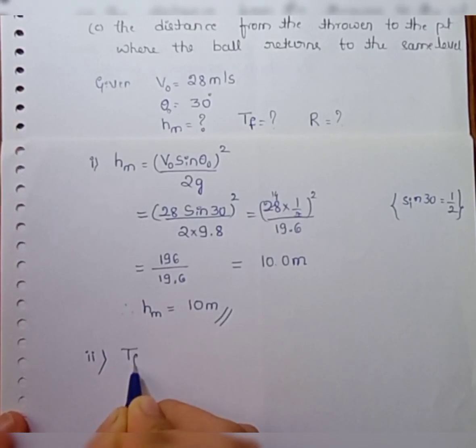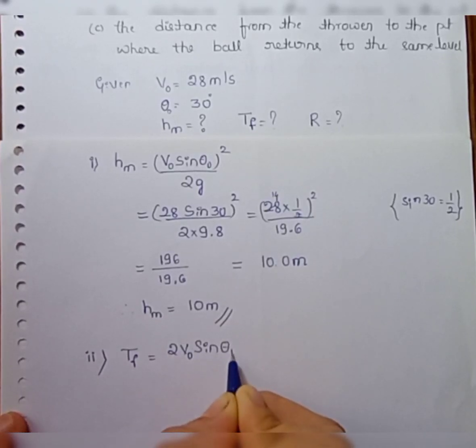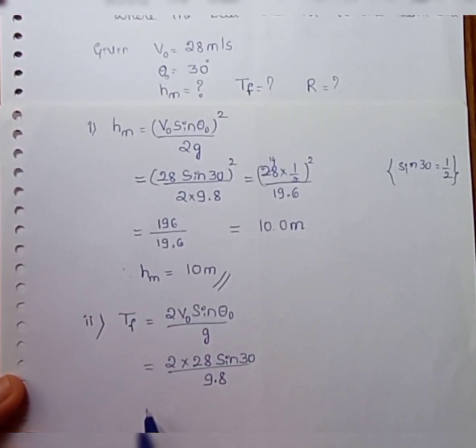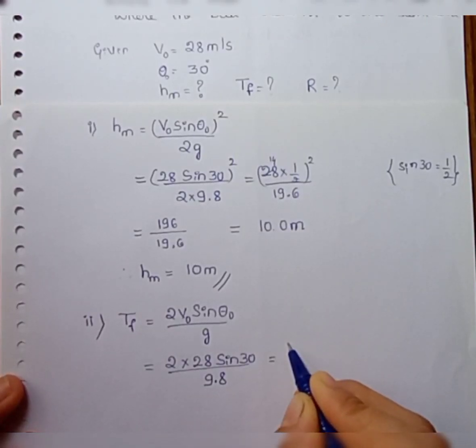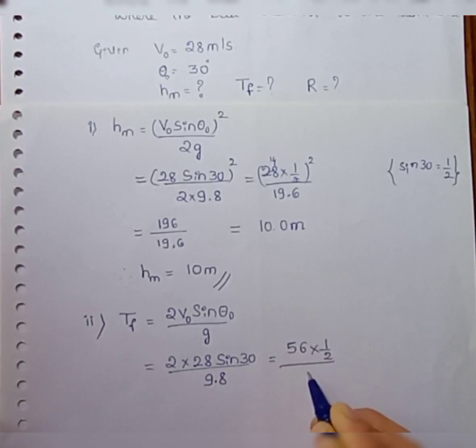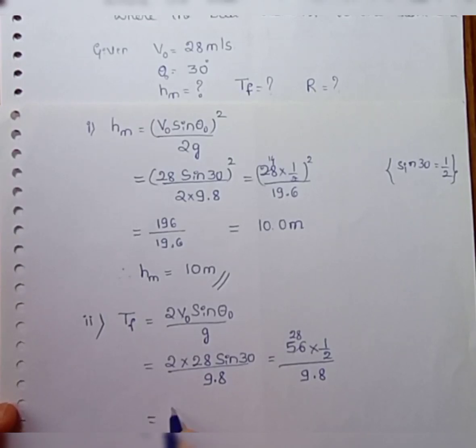That one is TF is equal to 2 into V naught sine theta naught divided by g, which is equal to 2 into 28 sine 30 divided by 9.8, which is equal to 2 into 28 is 56 into sine 30 is 1 by 2 divided by 9.8. 2 ones are 2, which is equal to 28 divided by 9.8.